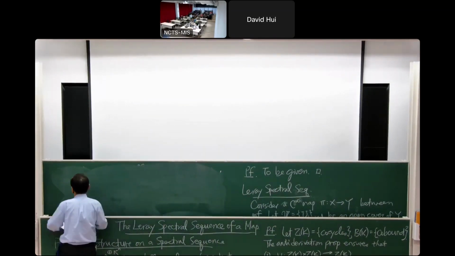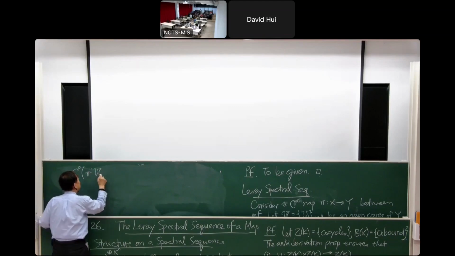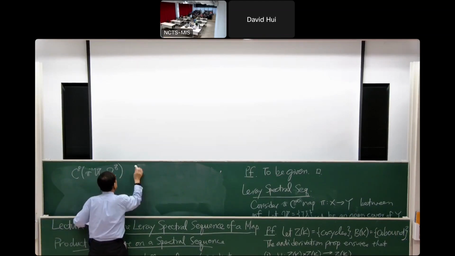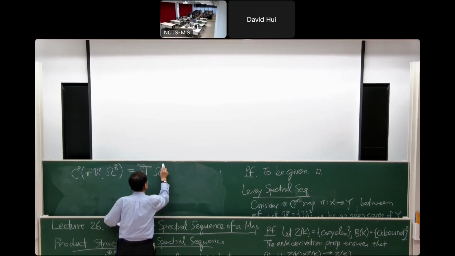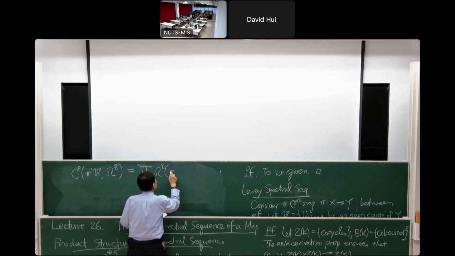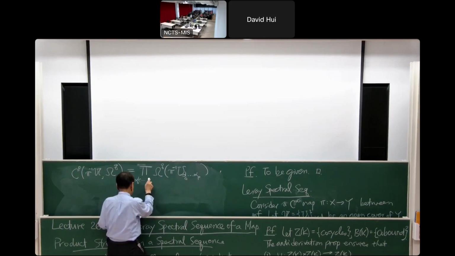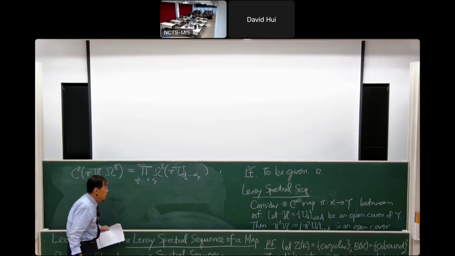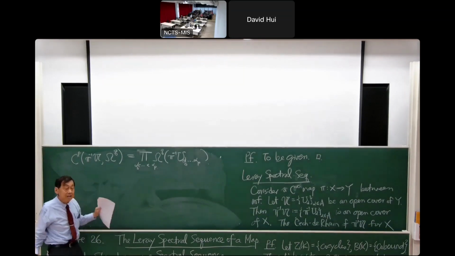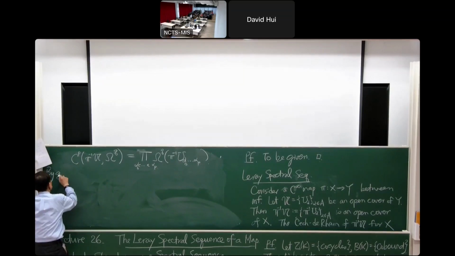So the Cech-de Rham complex is C^P of pi inverse U, omega^Q, and that is the direct product of omega^Q over pi inverse of finite intersections of U. And we already know that the Cech-de Rham complex calculates the cohomology of X. That's what we call the generalized Mayer-Vietoris principle.